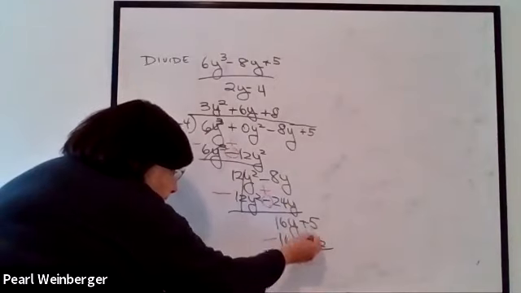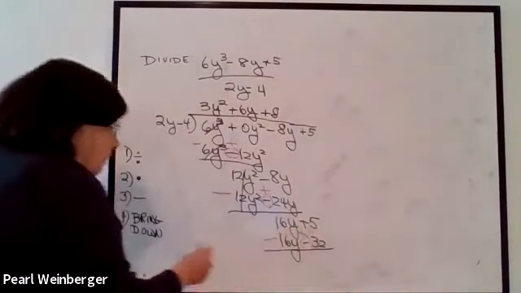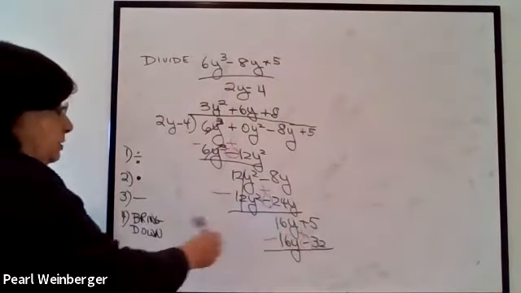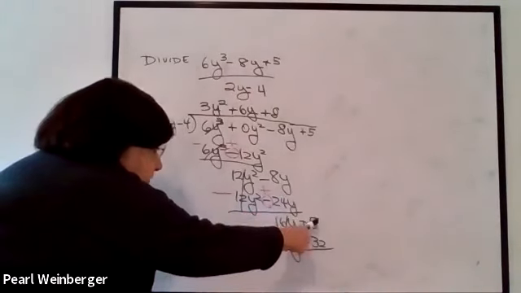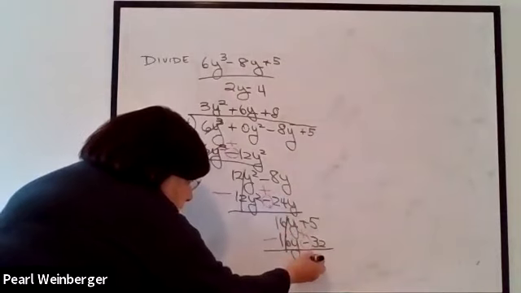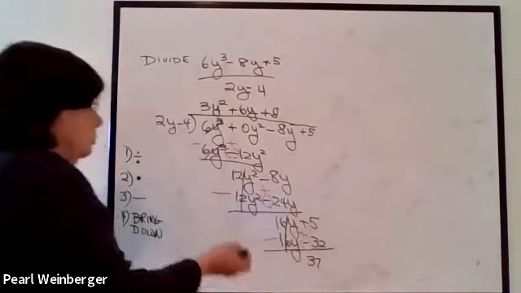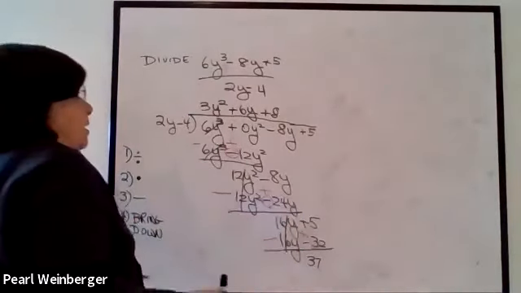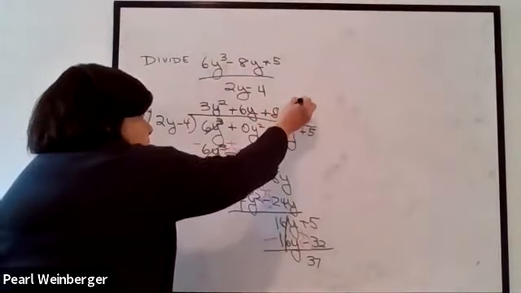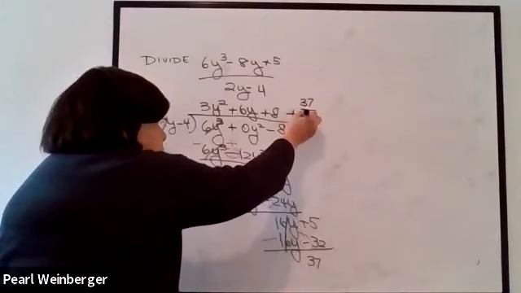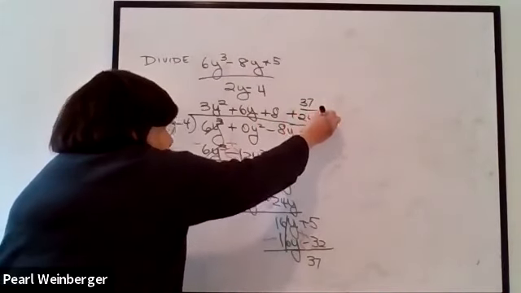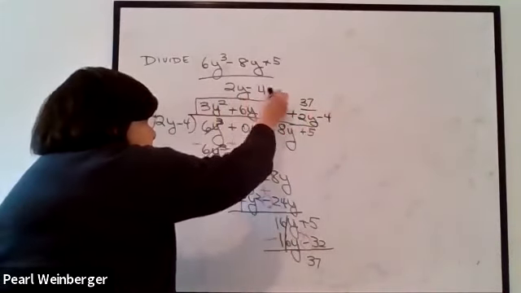This is going to become a positive. And I have 16y minus 16y, which cancels. And now I have 5 plus 32, which gives me 37. So that's my remainder. Again, I write this plus 37 over 2y minus 4. And this is my answer.